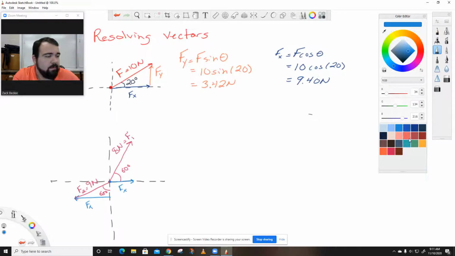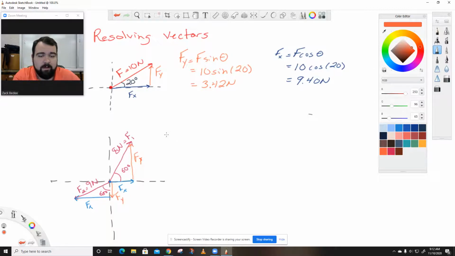Then we also need our y component for each of these. And now we need to get the values for those.